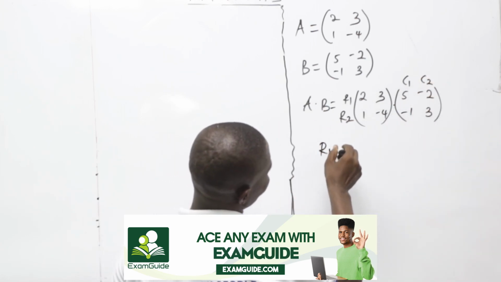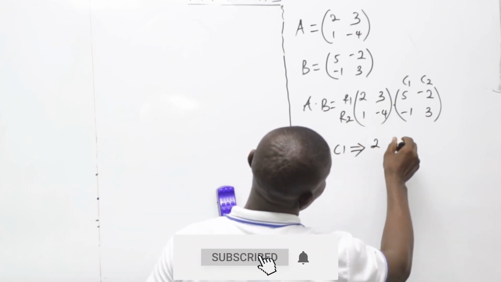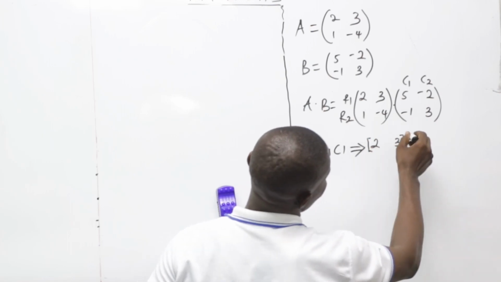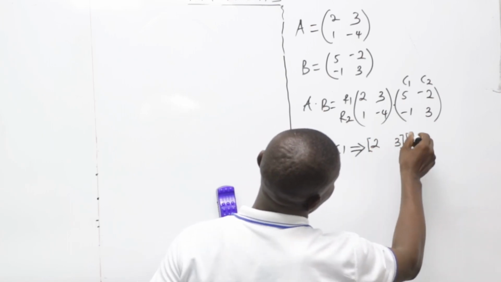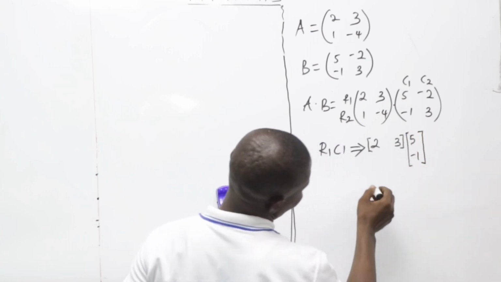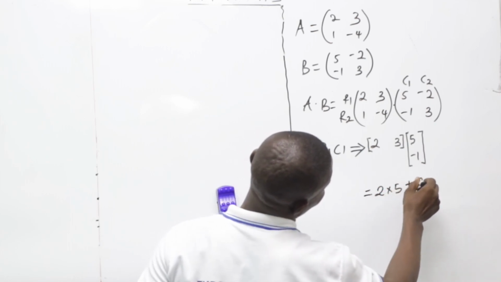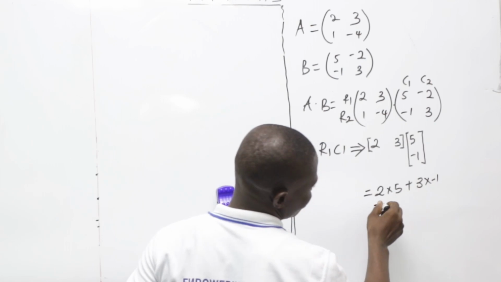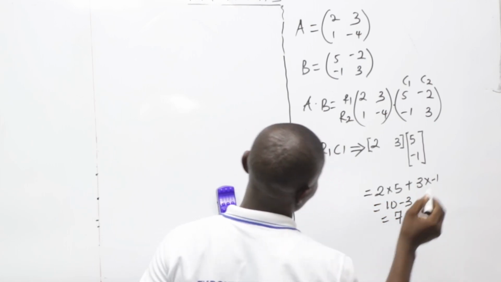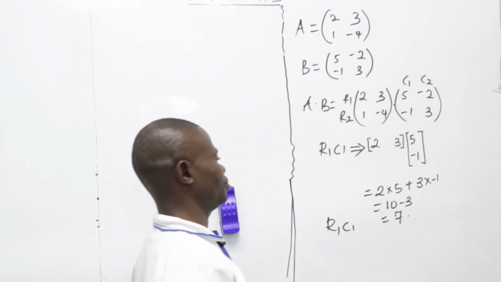So row 1, column 1 implies 2, 3 against 5, minus 1. Multiplying it out, 2 times 5 plus 3 times minus 1 to give us what? 10 minus 3 to give us what? 7. That is row 1, column 1 equals 7.